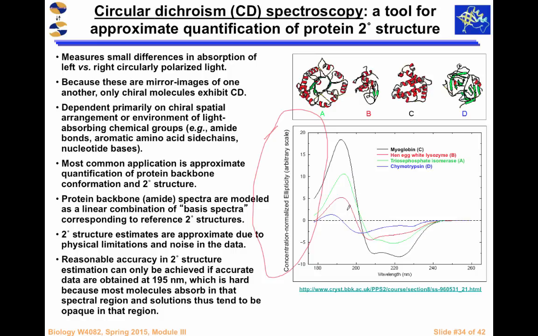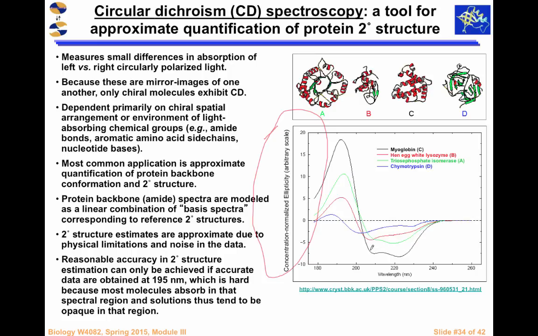The rest of them all have a similar shape, and that shape is dominated by the signal from the alpha helix. And if you look at the predominantly helical protein C, myoglobin, an oxygen carrier, you will see it has a characteristic peak at about 197 or so, and then double minima at around 208 and 222. That is the characteristic shape for an alpha helical spectrum.